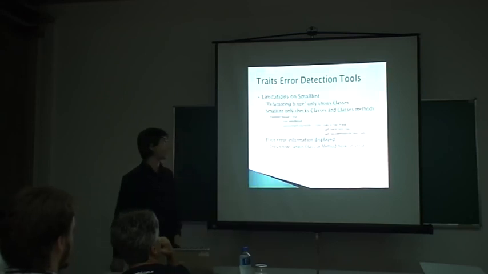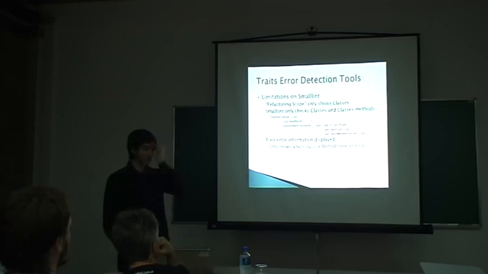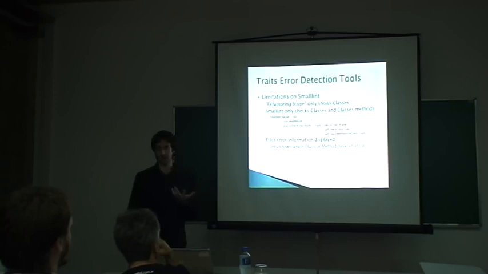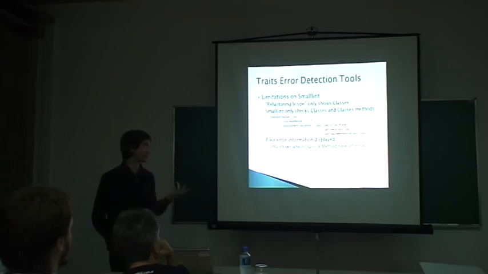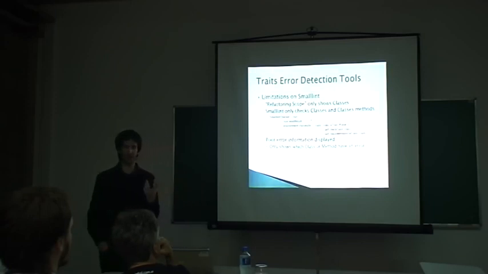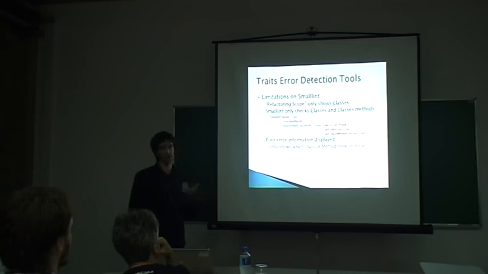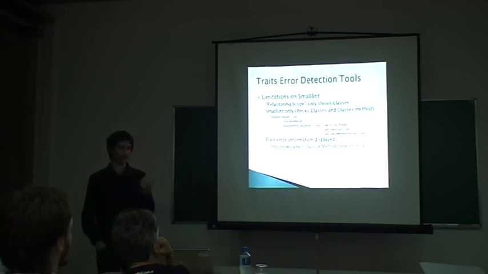Well, what are the limitations of the current Smalllint implementation? The refactoring scope only contains classes. You see the browser that opens when you select what you want to check. You only see classes. Actually, the real environment contains classes and traits, but you don't have a way to see that.